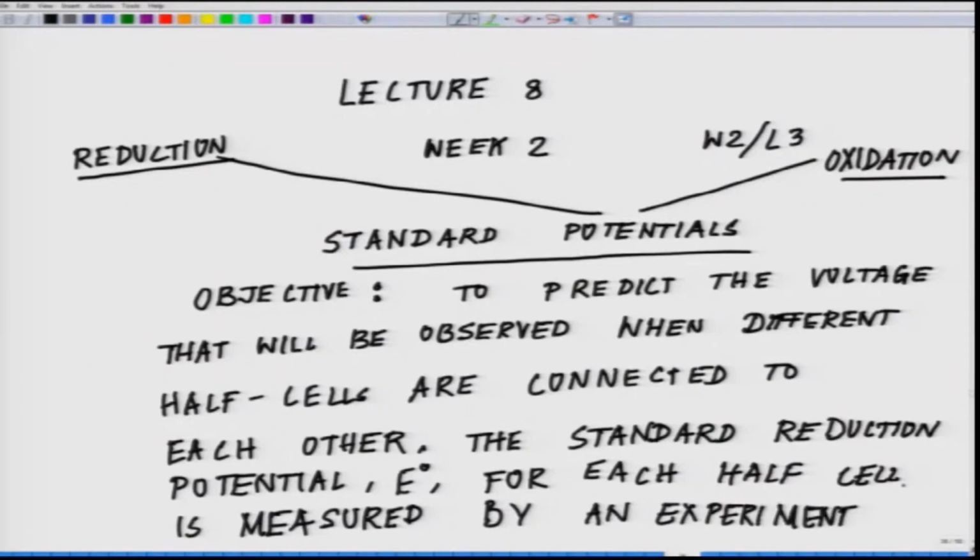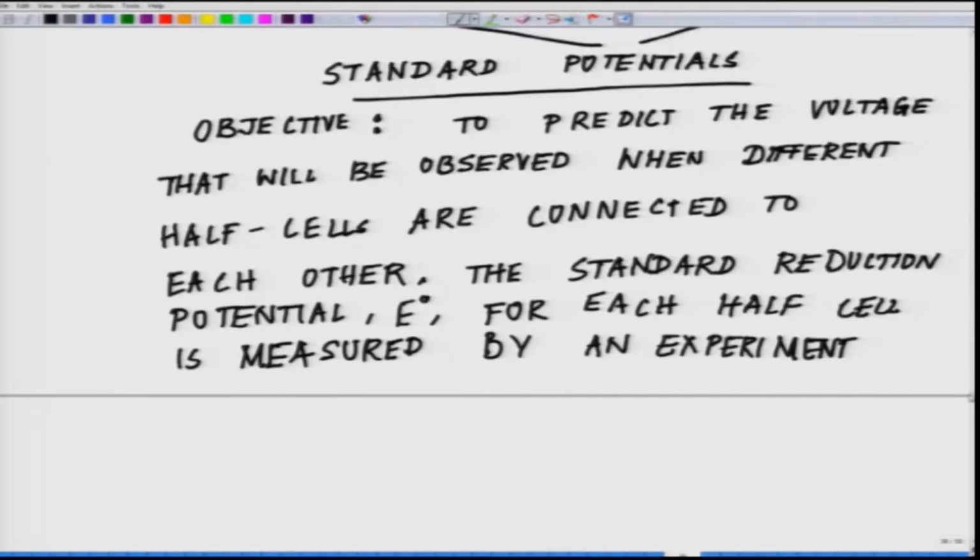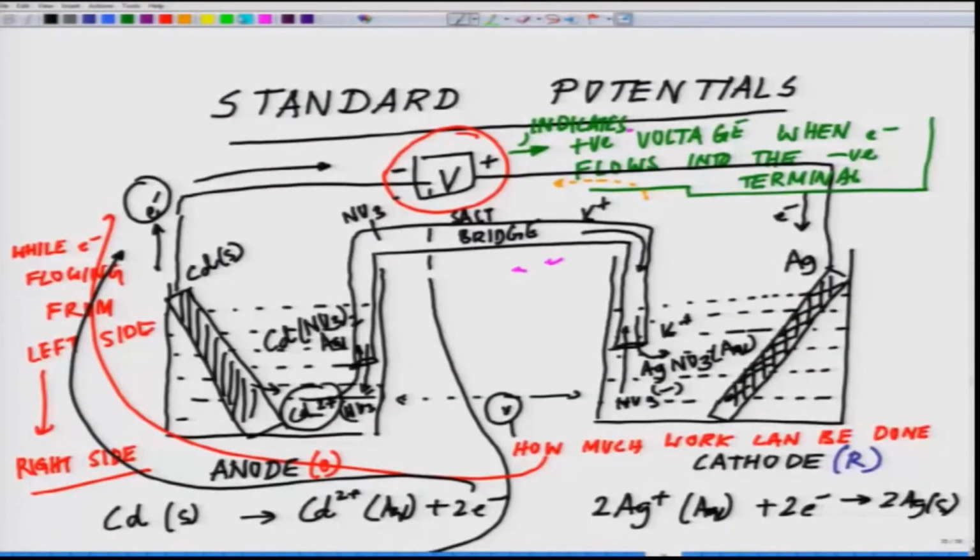Now, let us go back for a second to this reaction, what we exactly did. You have this cadmium, which is getting oxidized. You have silver, which is getting reduced.